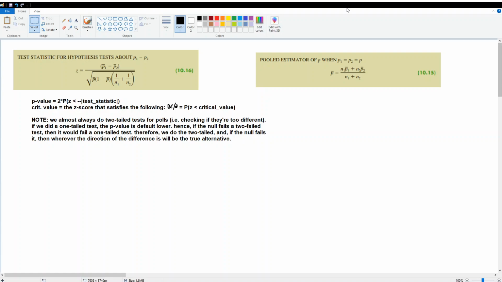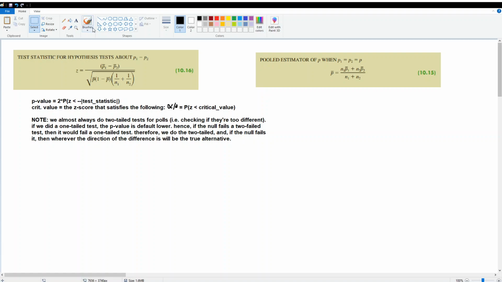So on this basis, because two-tailed tests are more restrictive than one-tailed tests, and we are most interested in whether or not it's reasonable to assume that they came from the same populations, our tests for hypotheses involving the difference between two proportions is almost always going to be two-tailed.